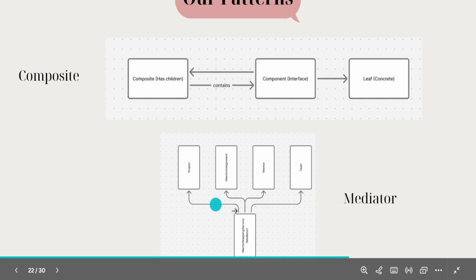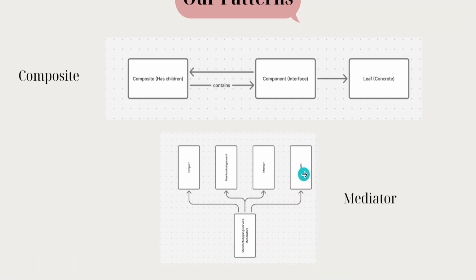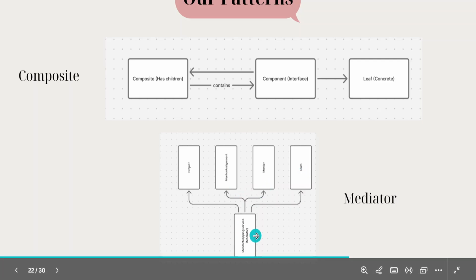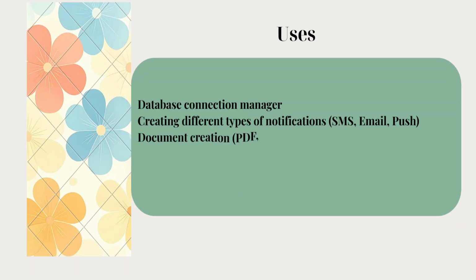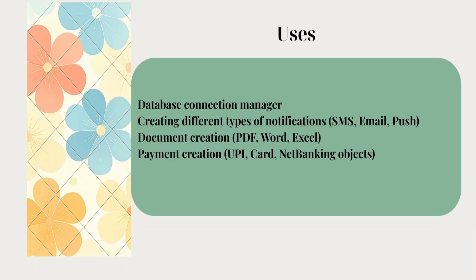As you can see, there are project, mentor assignment, mentor, and team, and they are all linked to the mentor mapping service. This service acts as a mediator between all these classes, and any communication or dealing of data between these classes will be handled by this mediator class.